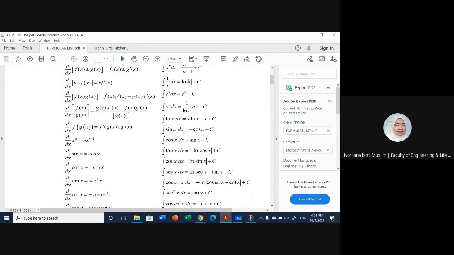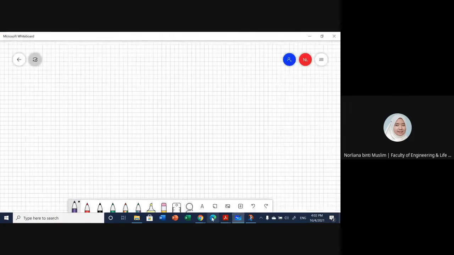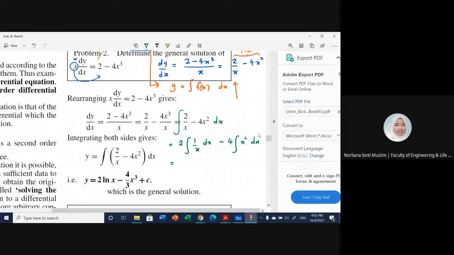This is the absolute or modulus symbol, the straight brackets. So the integration of 1 over x is ln|x|. So we have 2 ln|x|.